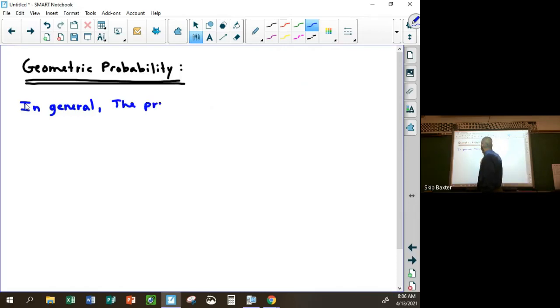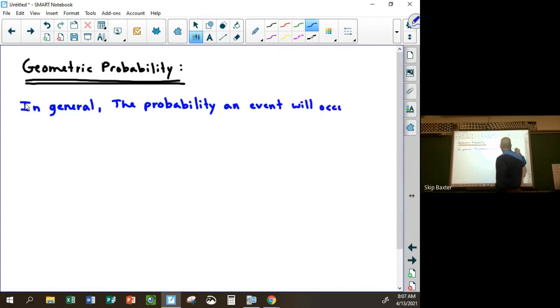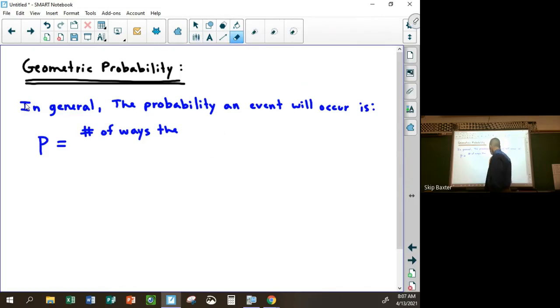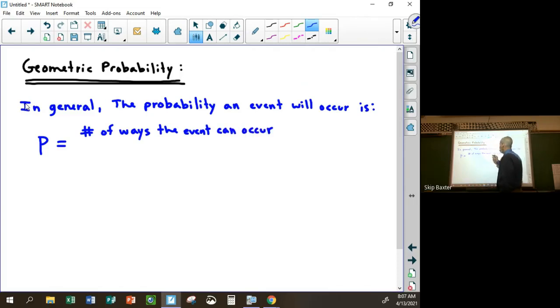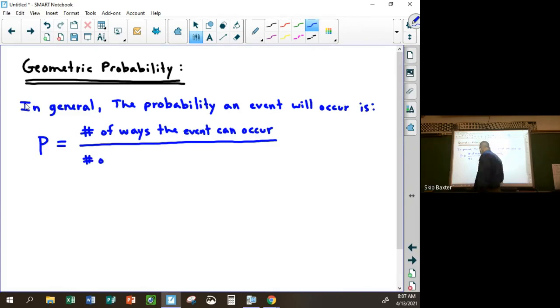the probability an event will occur equals the number of ways the event can occur divided by the total number of equally likely events.